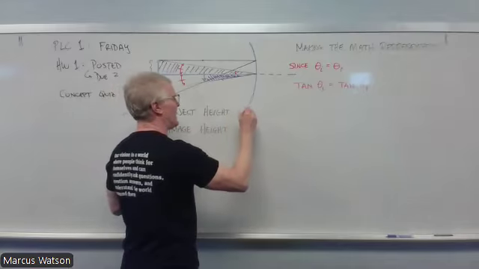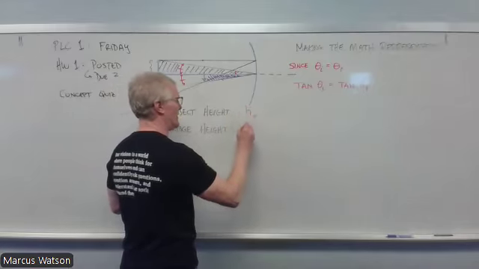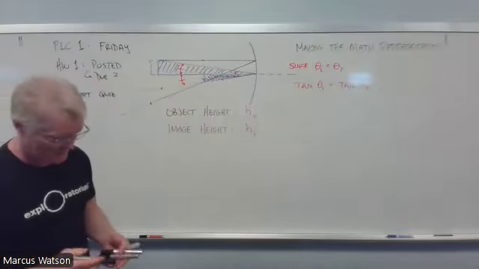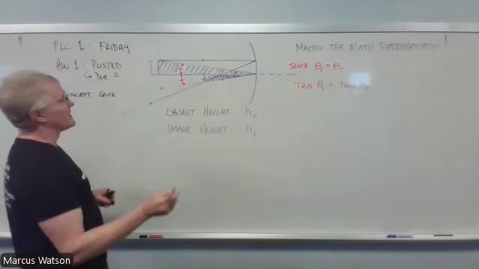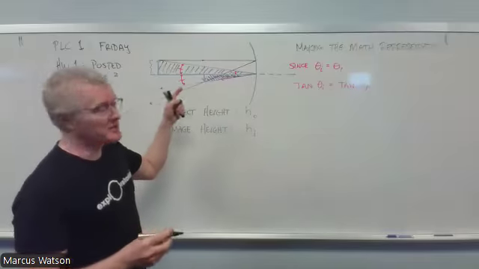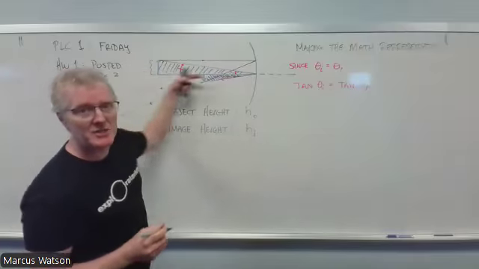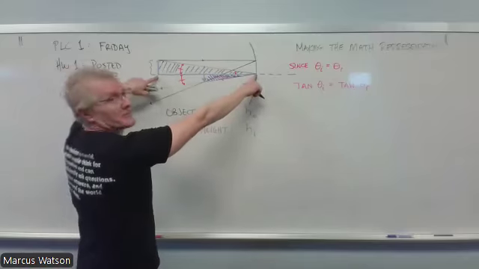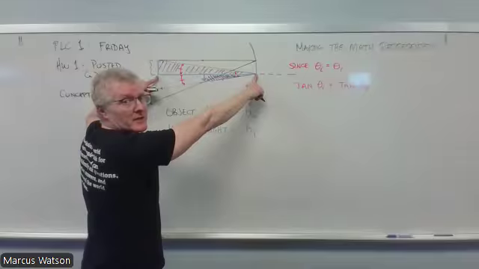I'm going to call that H with an O and H with an I. Object height and image height. Now, since tangent involves the opposite and the adjacent, I need a name for the line, this blue line, the long side over here.